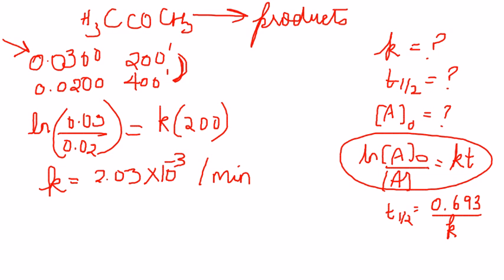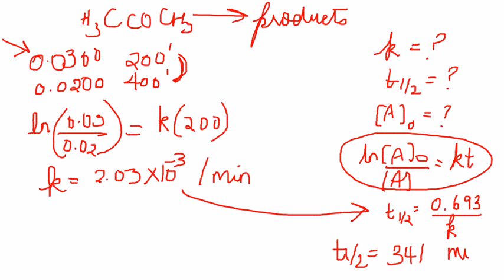Now, this is your value of K. You can simply substitute that value of K into the equation for T half, and that will give you the value of T half. As I'm substituting that and punching it on my calculator, I get a number 341 minutes. Now that you have these two numbers, you can determine the initial concentration that you started the reaction with. So at T equals 0, what might have happened?